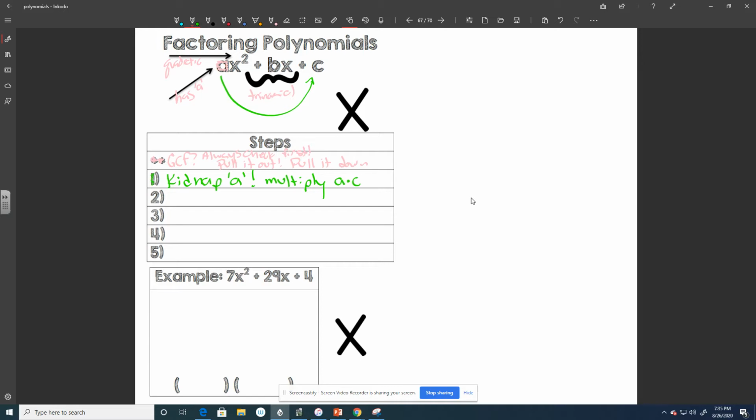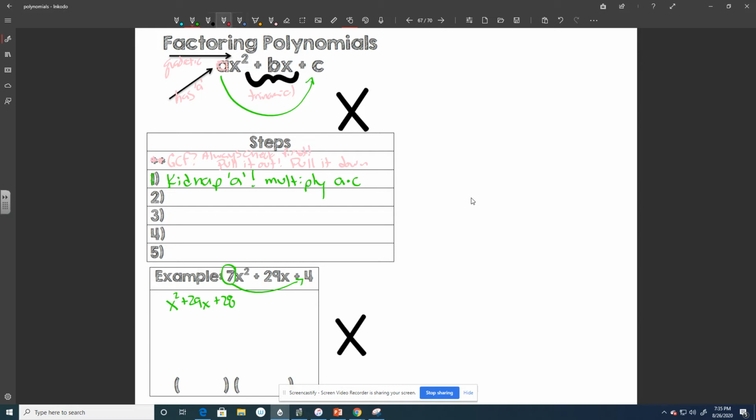So down here at the bottom, our example, 7x squared plus 29x plus 4. I'm going to take this 7, kidnap it, and multiply it at the back. So my new problem is x squared plus 29x, and instead of a 4, I've got plus 28. And I'll repeat, we're breaking rules right now. We're just making stuff up to simplify the factoring, and then we'll fix it later. But for now, let's go with it.